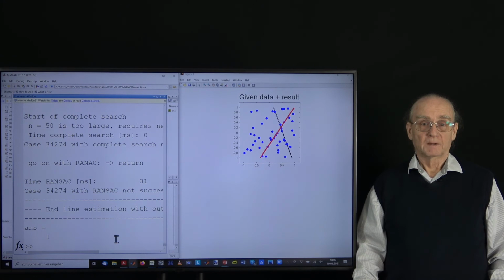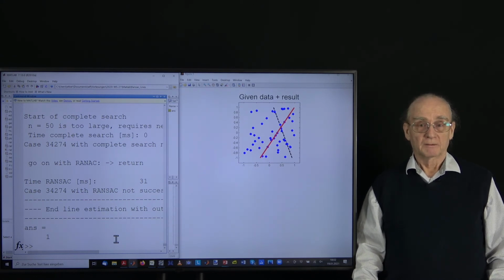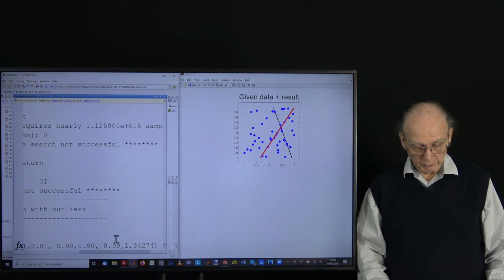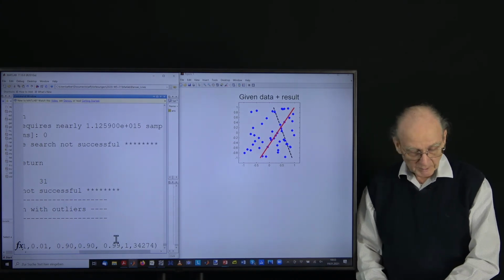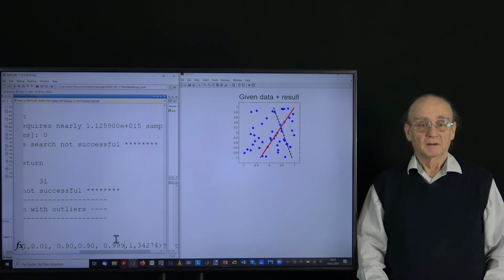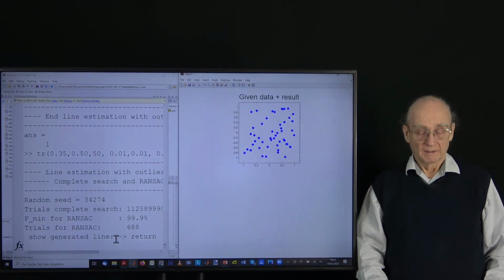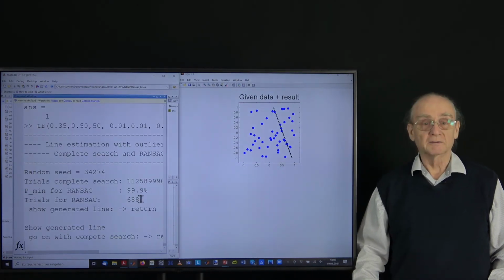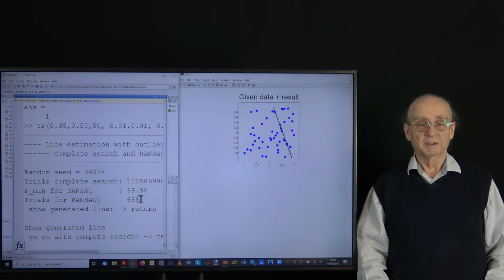Now, what can we do in this case so that it still solves it? Let's try to increase the required probability. That means instead of 99%, we have 99.9%. That means instead of 459, now we have 688, which is a little bit larger.